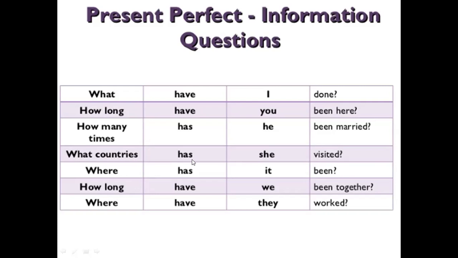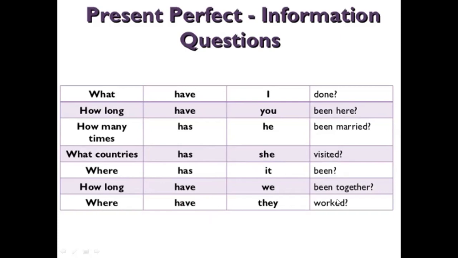All right, what countries has she visited? What, and then the verb has in singular form because the subject is singular, she, and then visited, past participle. Where has it been? So where, then has, and then it, and then the past participle.